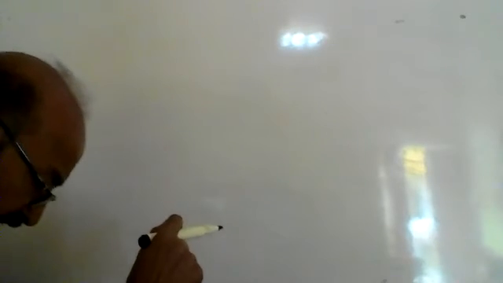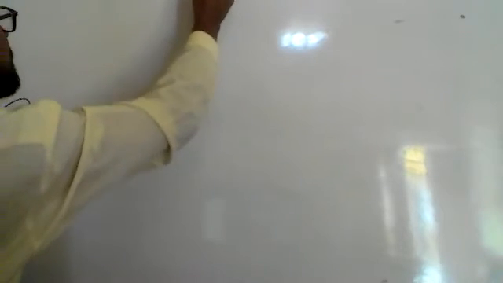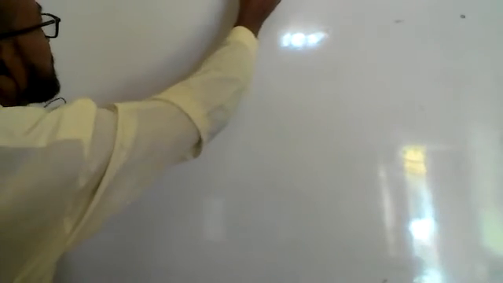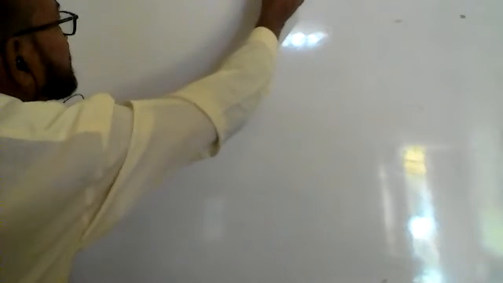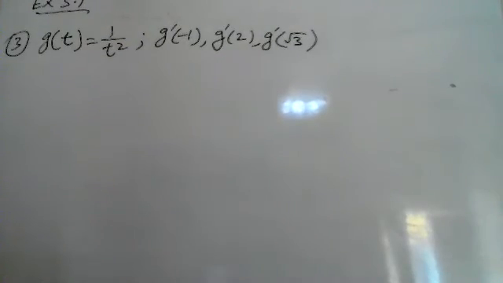And we have to find the value of g dash minus 1, g dash 2, g dash under root 3. We will find g dash minus 1, g dash 2, g dash under root 3.